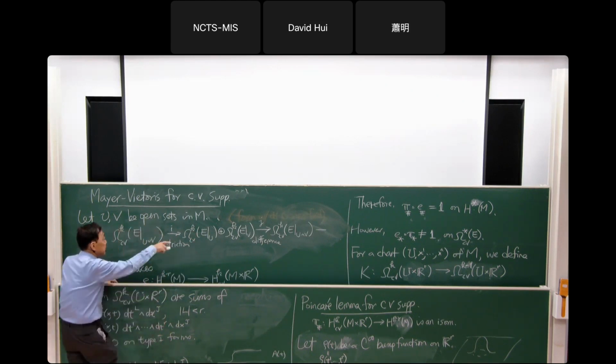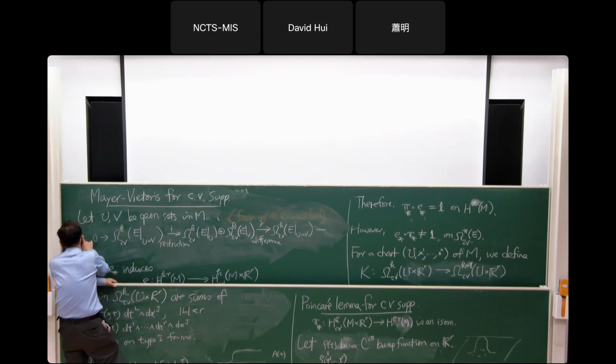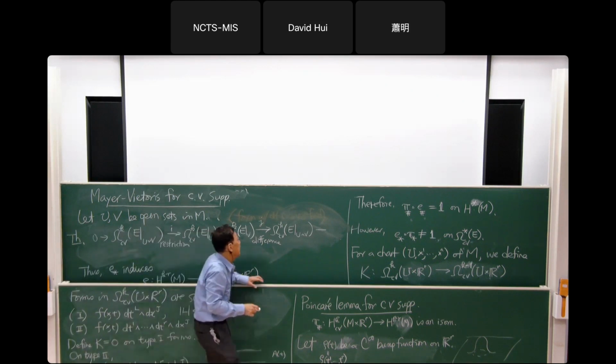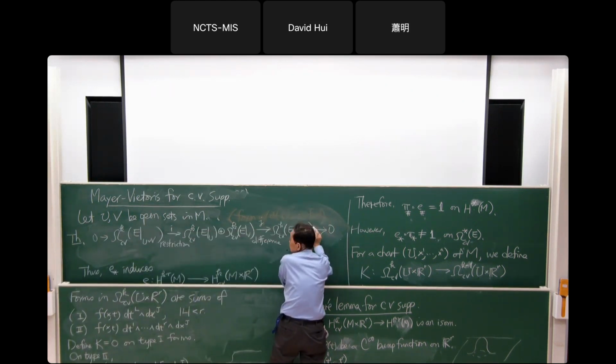And so you have these two maps, and then the theorem is that this is a short exact sequence.